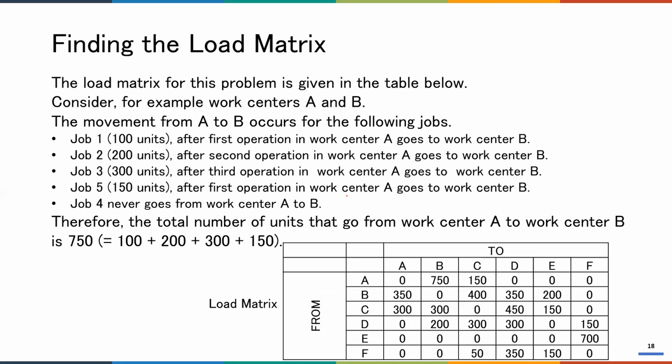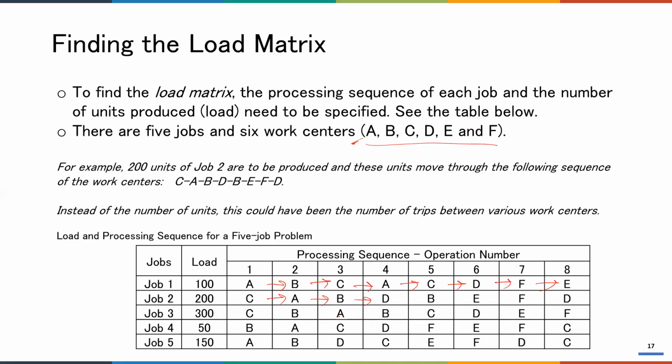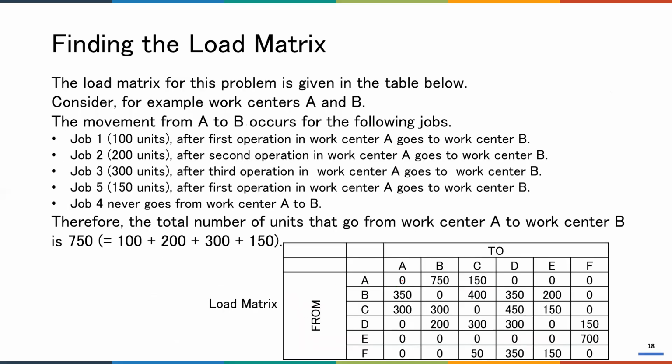So from there, we actually can build the load by having this from-to location. So for example, we first calculate A to B. Sorry, this should be 0.